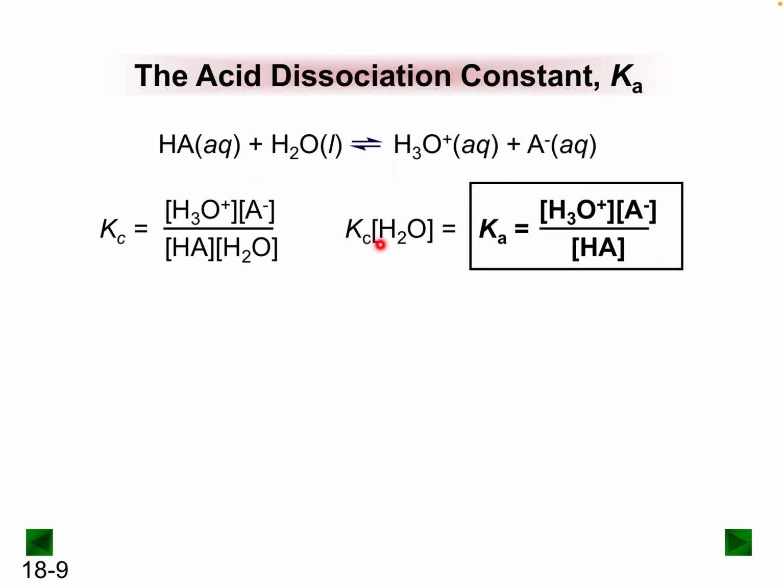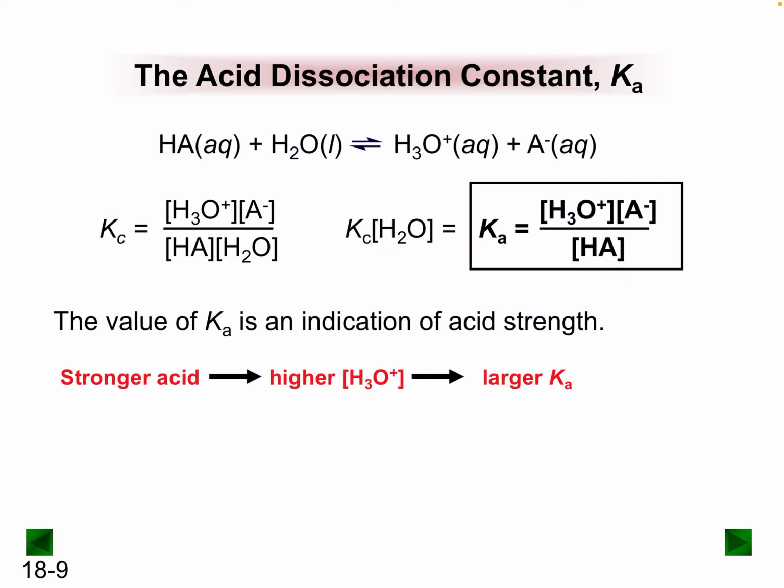Since water is abundant and constant, Kc times the concentration of water together gives us a new constant. We call it the acid dissociation constant Ka. So the acid dissociation constant Ka is basically the hydronium ion concentration times the conjugate base over the HA concentration.